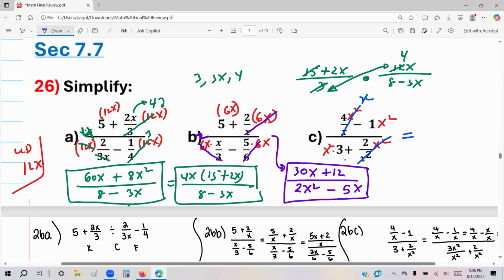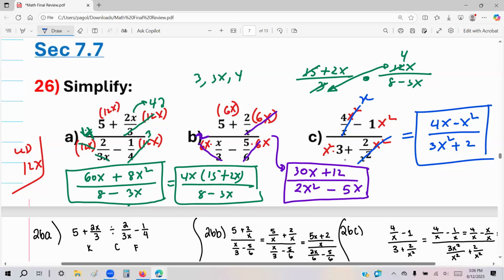So what is left this time? 4x minus 1x squared, 3x squared plus 2. See? It's only a one-line solution if you multiply by the LCD.